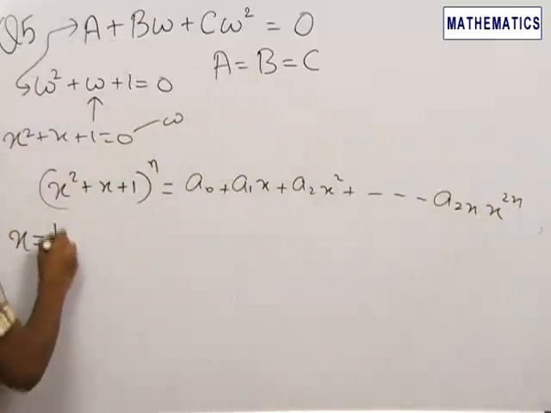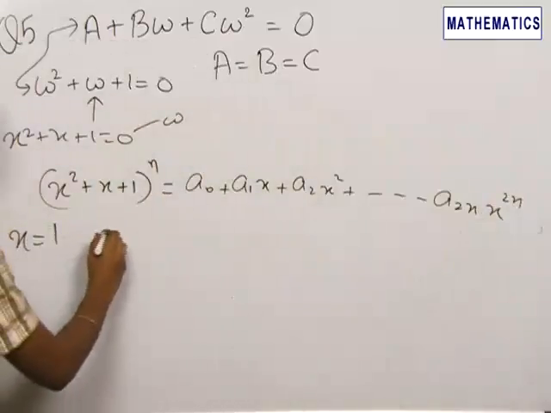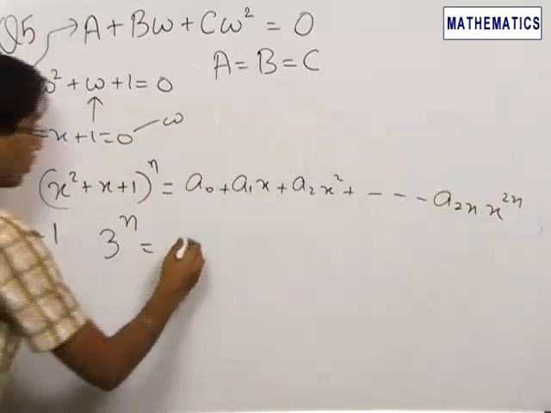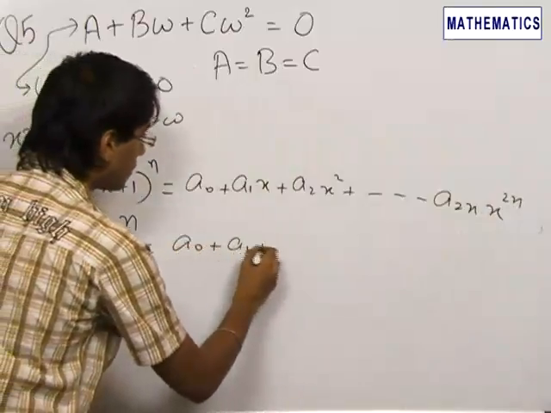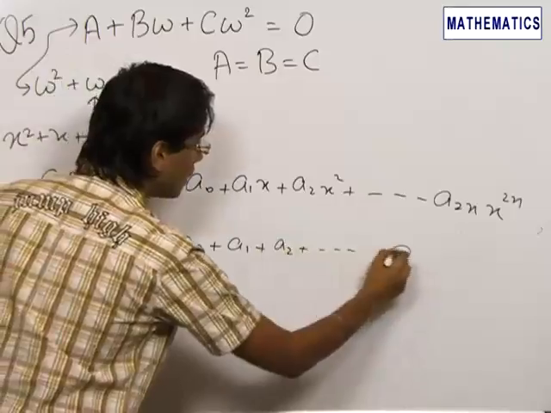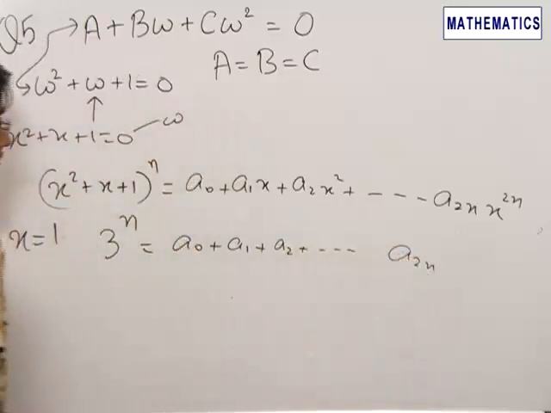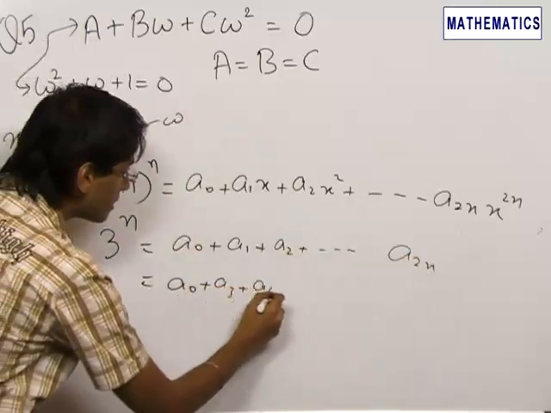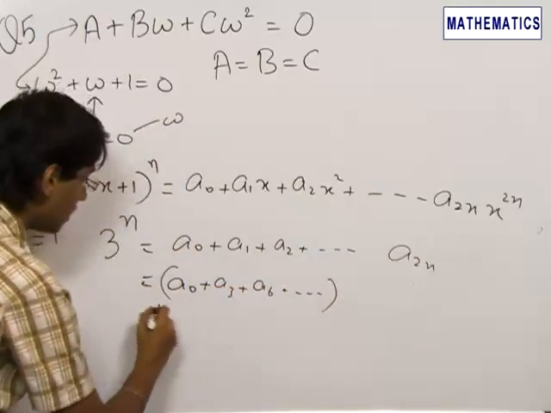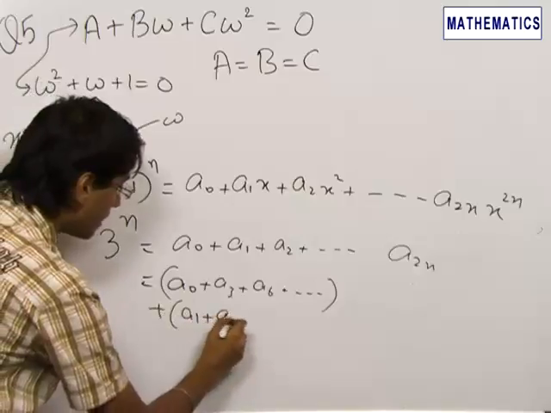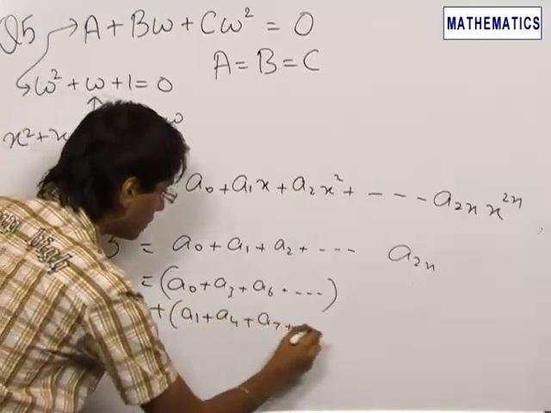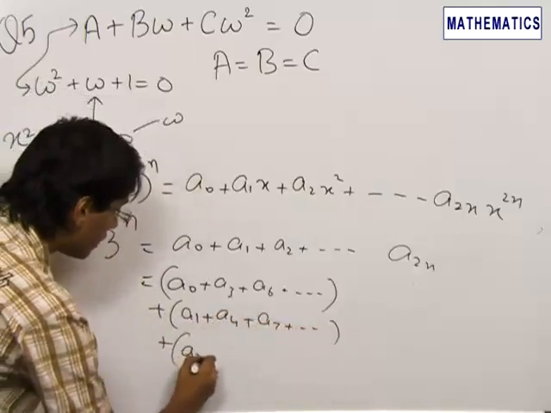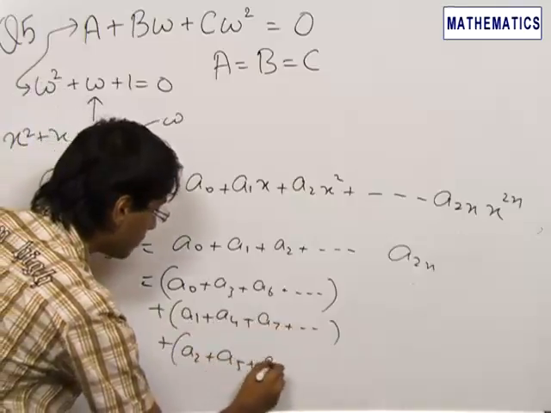On putting x equals 1, we get 3^n equal to a0 + a1 + a2 up till a2n, which is equal to (a0 + a3 + a6) + (a1 + a4 + a7) + (a2 + a5 + a8).